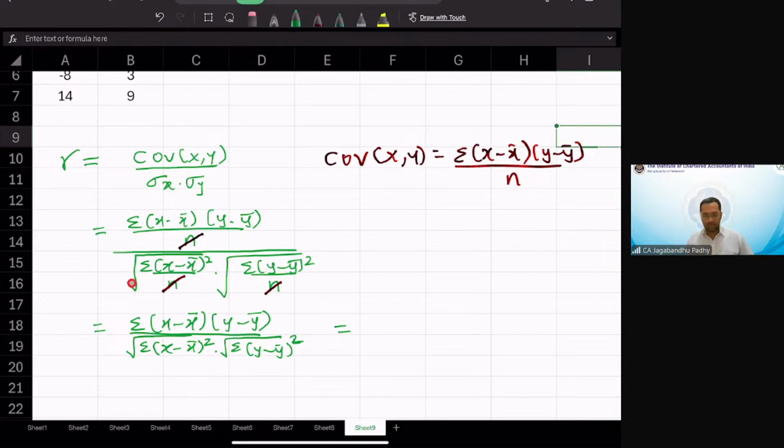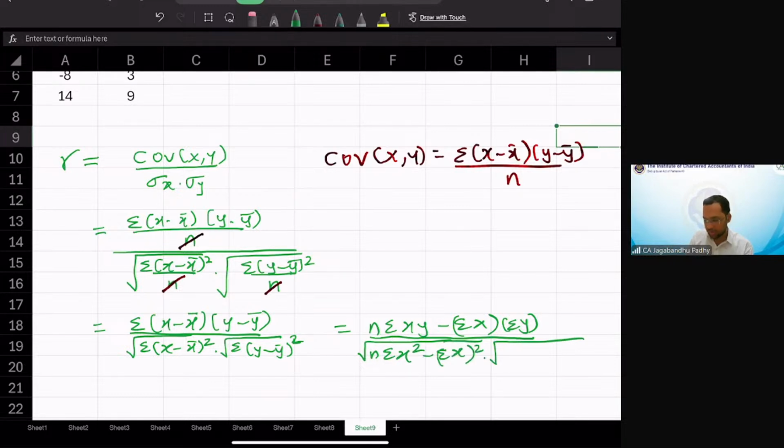I can simplify this further by opening the brackets, and we come up with a more concise, more implementable formula: n summation xy minus summation x into summation y, upon root of n summation x square minus (summation x) the whole square, and the same applies for y: n summation y square minus (summation y) the whole square.